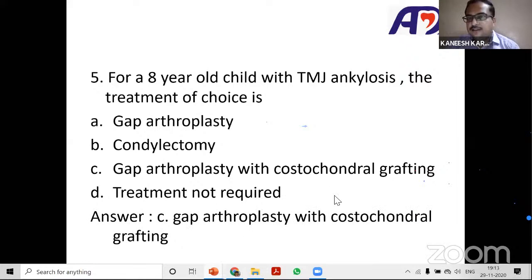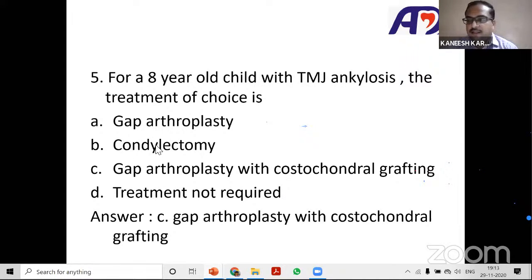The answer is gap arthroplasty with costochondral grafting. Okay. You just can't do gap arthroplasty. You have to do costochondral grafting because the condyle is a growth center. If you remove the condyle, then we need something for the mandible to grow.